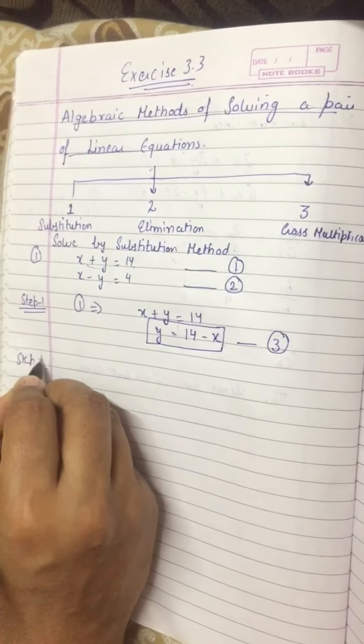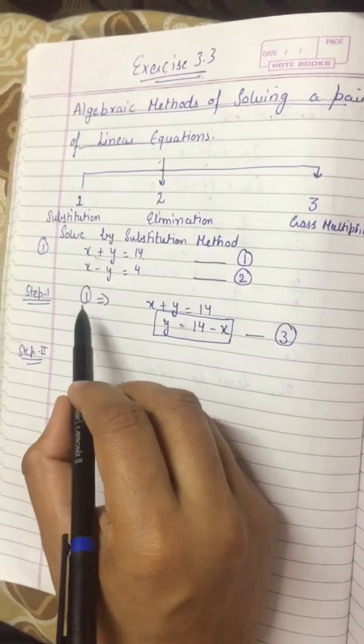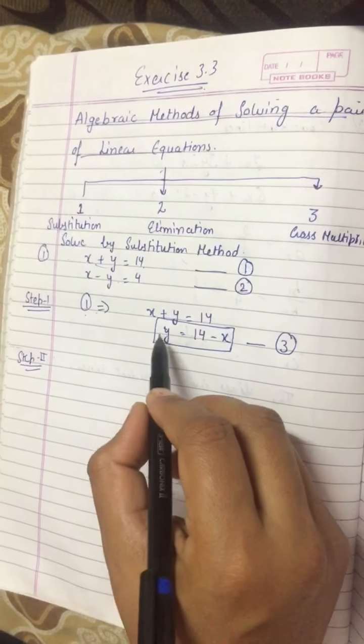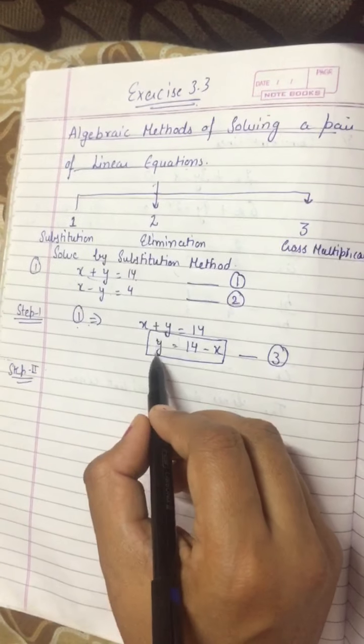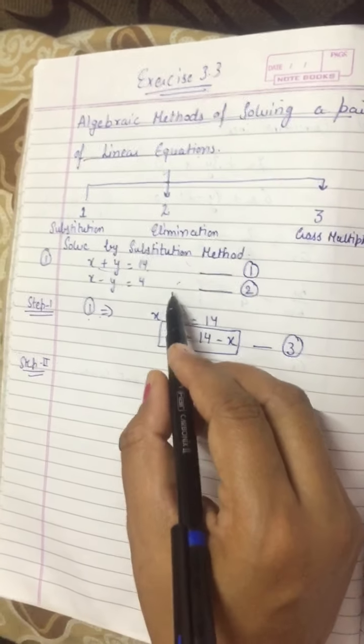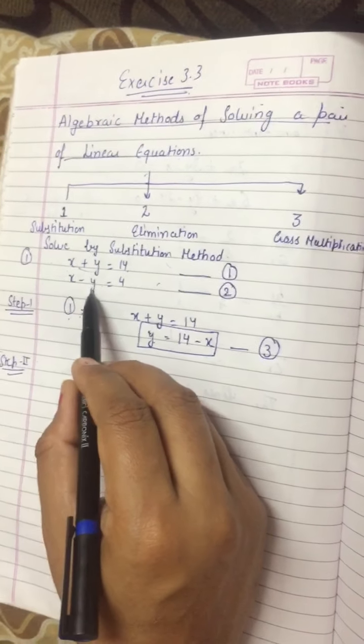Step number 2. As I considered equation number 1 for finding the variable y, I will substitute that value of y in the other equation. That means in equation number 2, I will put the value of y where y is there in the equation.